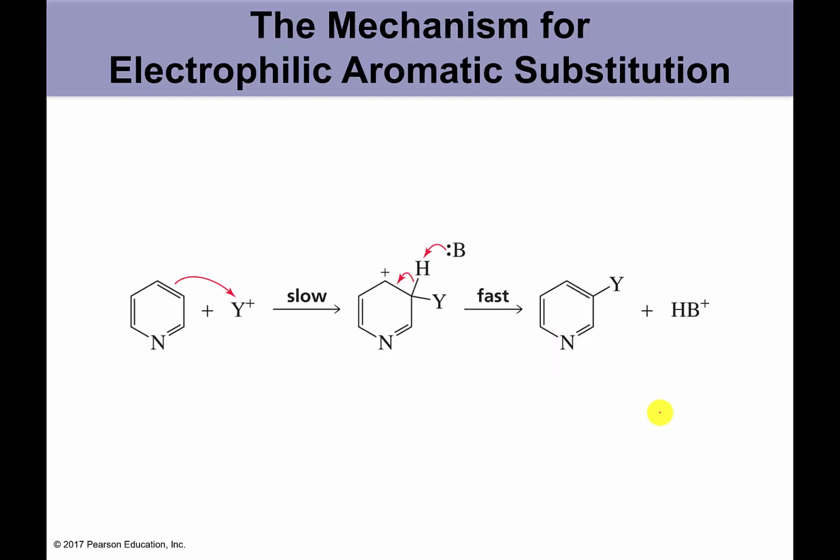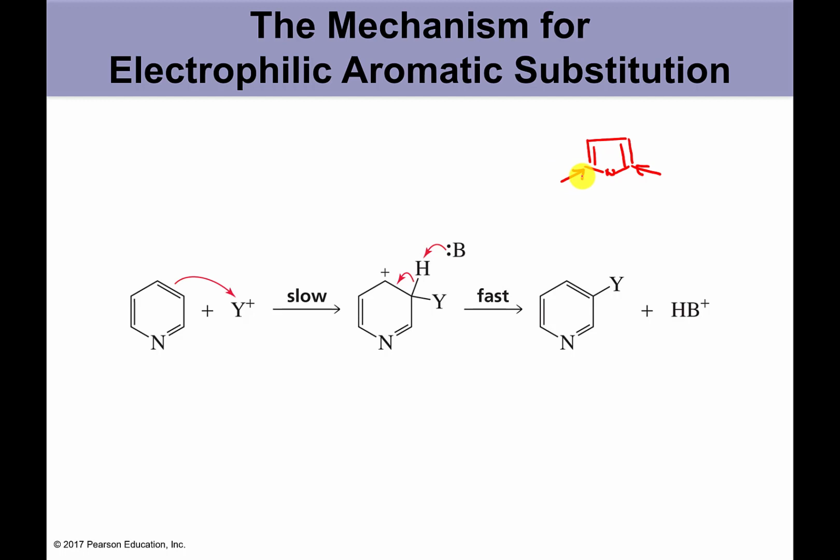It can also react in an electrophilic aromatic substitution reaction. Now, if you remember, for pyrrole, there was a definite preference for addition in the 2 position of the ring.